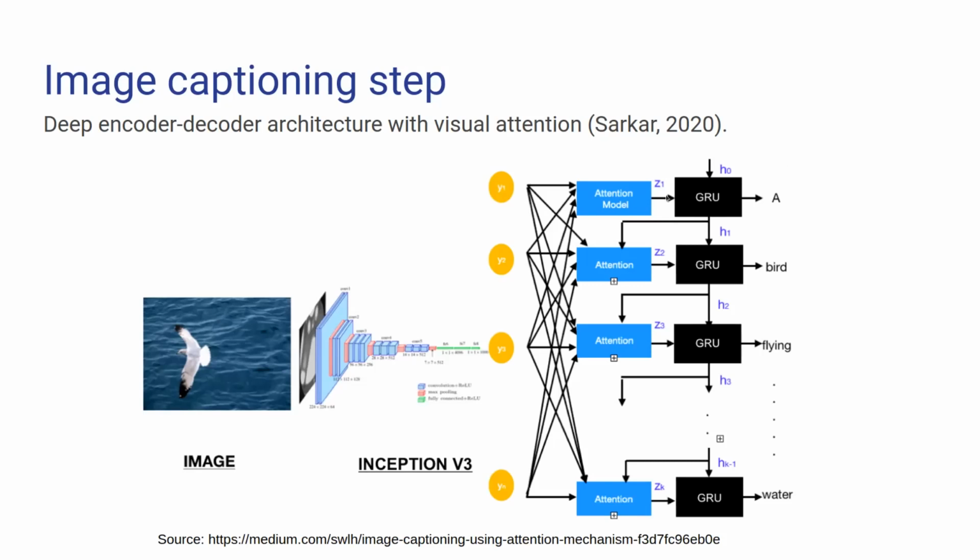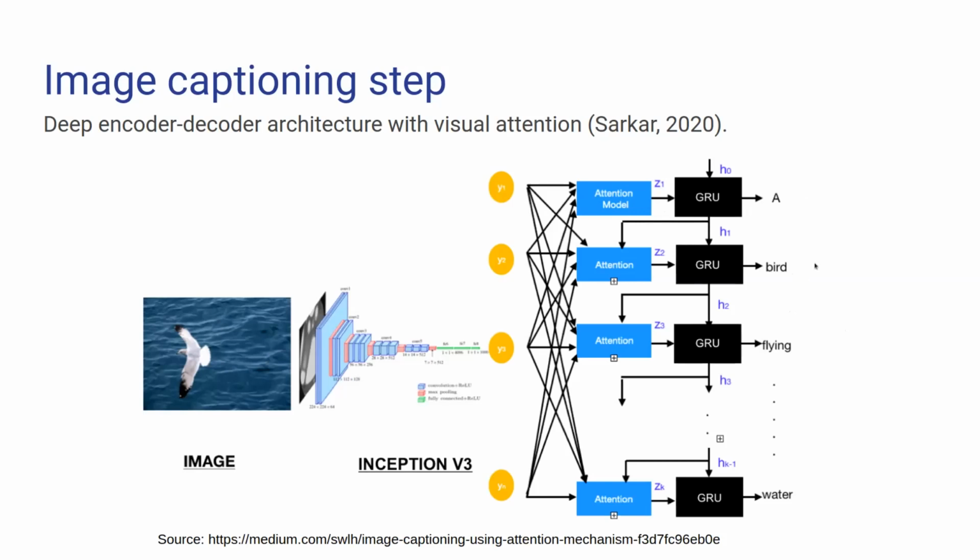And also we use an attention layer, the objective of which was to try to know which parts of the image are important in order to have a correct description of the image. So this is the architecture that we used for the image captioning step.